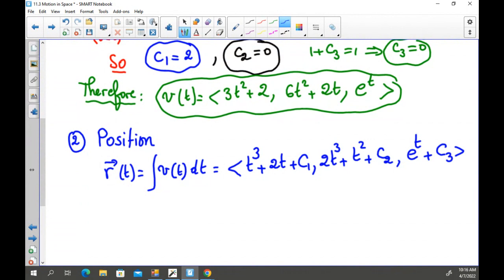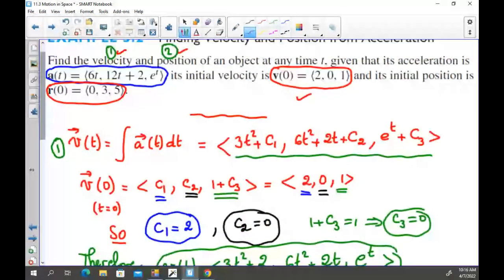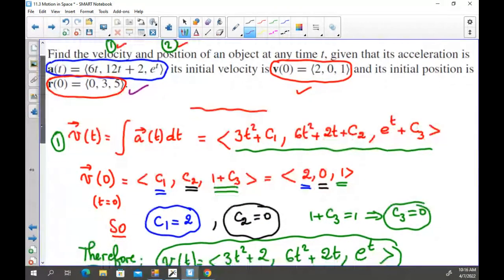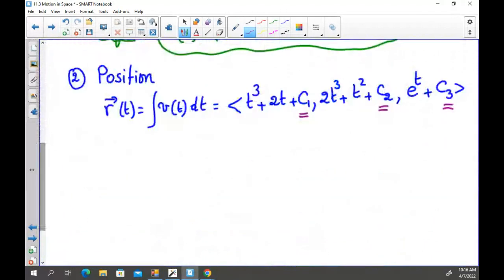Again, that's not the end. We need to find what? The constants, C1, C2, and C3. We need to find them by using this information. R of 0 is 0, 3, 5.